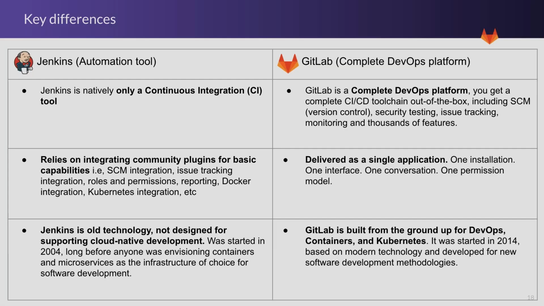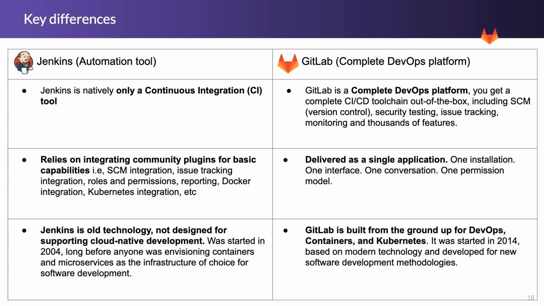So just to summarize what we talked about regarding Jenkins and GitLab, this is a table that summarizes the key differences between Jenkins and GitLab. While Jenkins is natively only a continuous integration tool, GitLab is a complete DevOps platform, as you get a complete CI/CD toolchain out of the box with SCM, security testing, issue tracking, monitoring, and thousands of features.